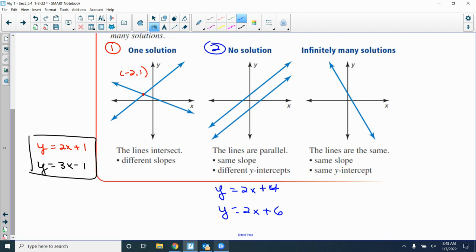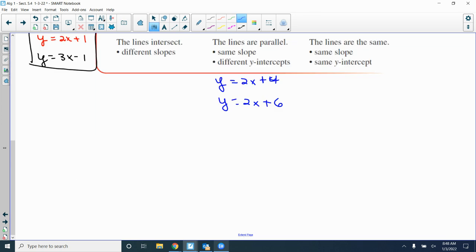All right, this one can throw you at times. Infinitely many solutions. The lines are exactly the same. There's really two lines, one right on top of the other. For that, it might be y = 2x + 4, and the other equation would be the same.